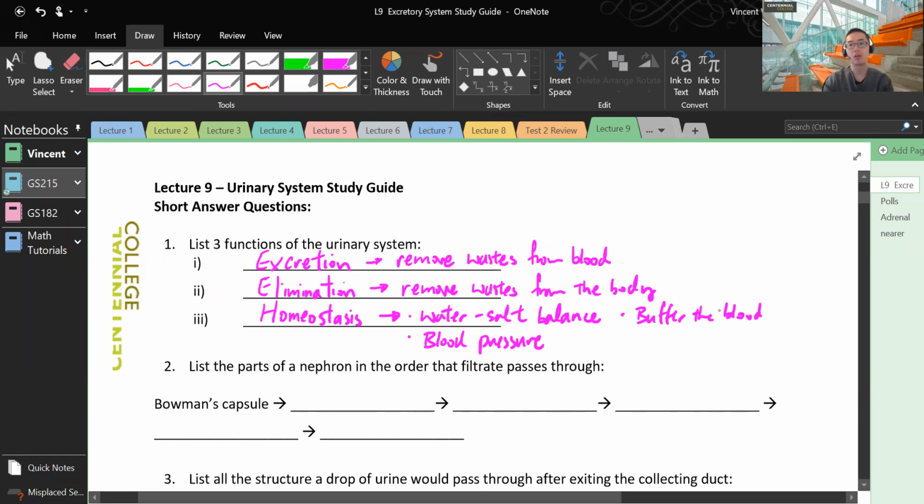There are more examples of how the urinary system helps maintain homeostasis, but these are the ones that were covered in the lecture.